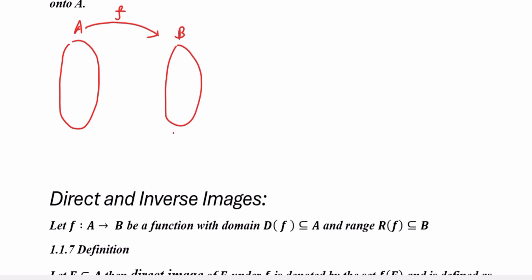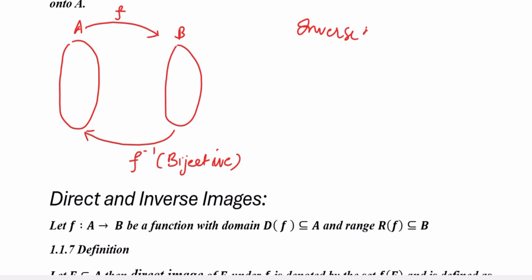I need to show that there exists an inverse mapping from B to A, and this inverse mapping is a bijective mapping also. So in simple words, this problem says that the inverse of a bijective mapping, or bijection, is bijective.